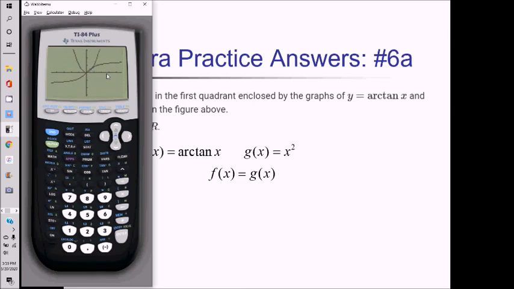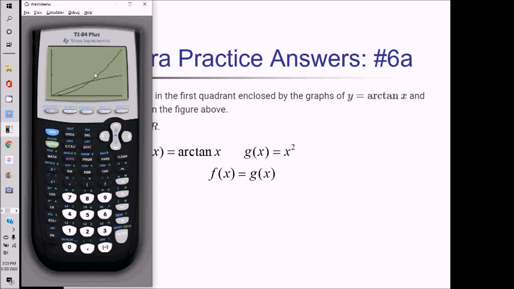Let me actually make my window between, let's go from 0 to probably 1.5 is even too much, but let's start with that. Zoom 0 now, zoom fit, to get a really good look at these two functions. So there again is arctan. Here is x squared. Clearly these things are intersecting at 0, but let's see what this other intersection point is going to be.